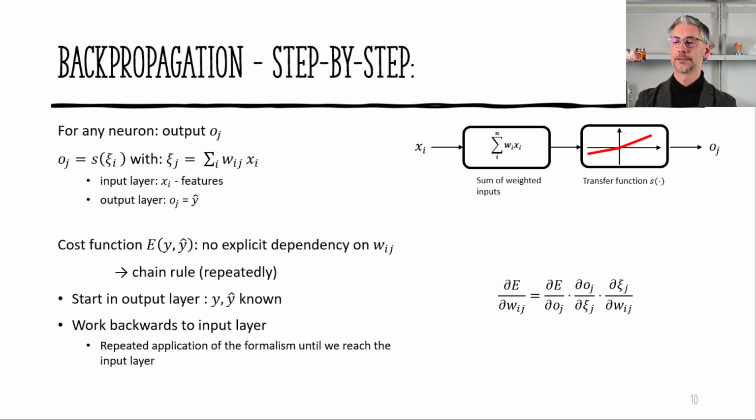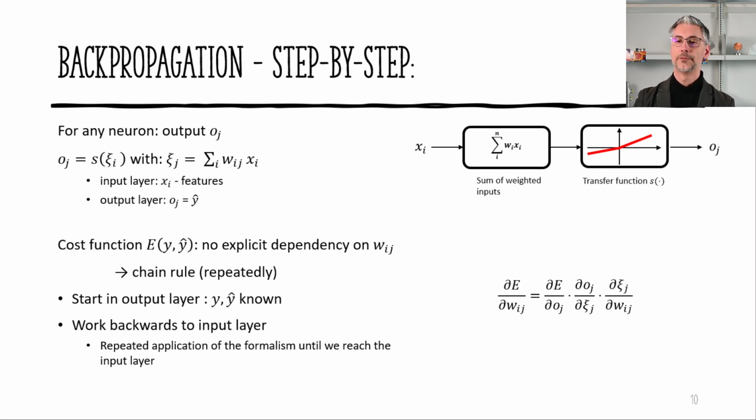And to get the change of weights, as we said before, we want to go in the direction where the error is smallest and where the prediction matches our true labels best. So we take the partial derivative with respect to the weights. And because there is no direct dependence, now we need to use the chain rule.